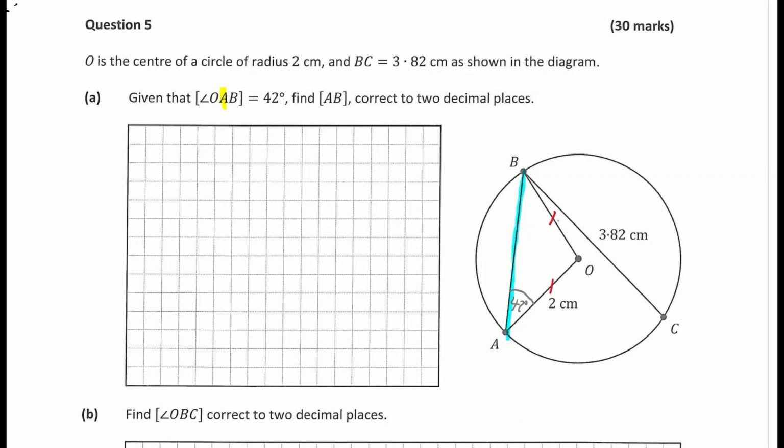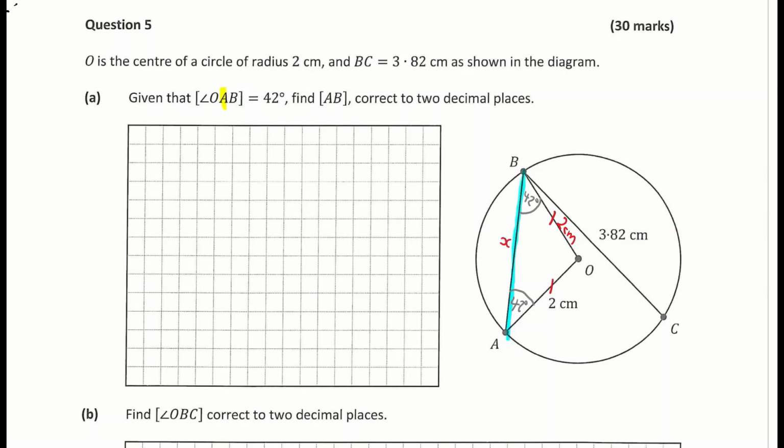So I can also mark in 2 centimeters on this side of the triangle, but it also means the two opposite angles are equal. So that means that this angle in here is also 42 degrees. Now, the question again wants us to find the length from A to B. So I'm just going to call that x, this side here, the side that I want to find.